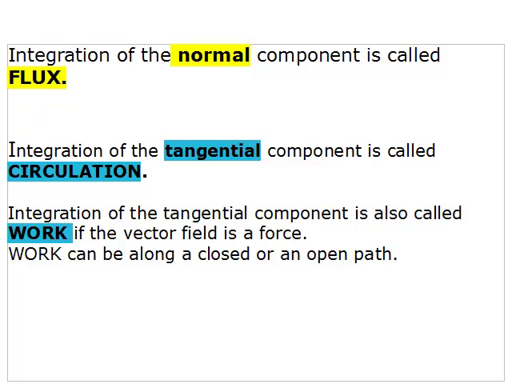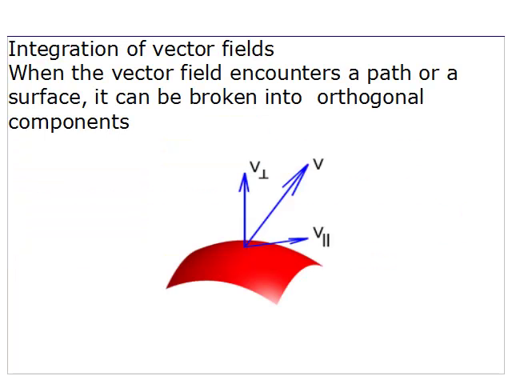But let's look again at what we're talking about here. Okay, I'm back to this slide. Now, when we integrate the normal component, I'm just going to draw a bunch more vectors on here. I'll draw them in blue like the one that you see there. Here's the normal component here. These are all going to be V perp, which is normal, and coming out of this point might be this normal, V perp.